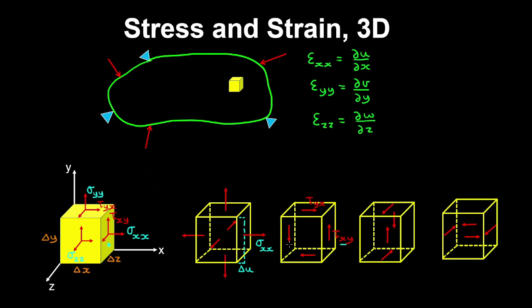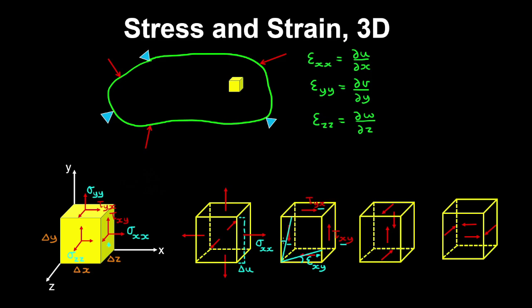So this couple over here is going to distort this undeformed element as follows. So that gives rise to the shear strain in the xy plane, and the other two shear stresses distort the element as follows.